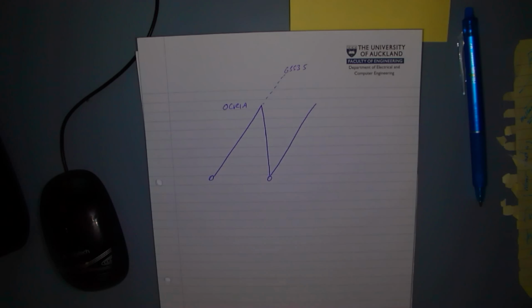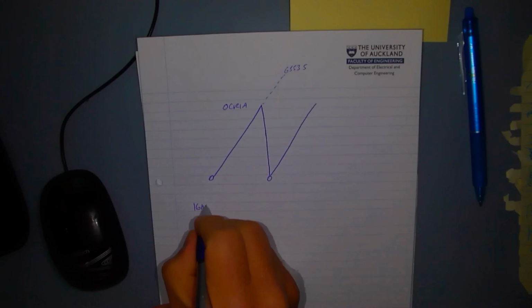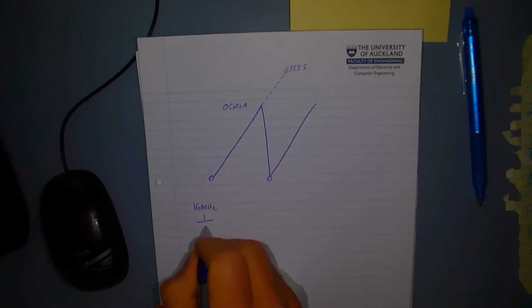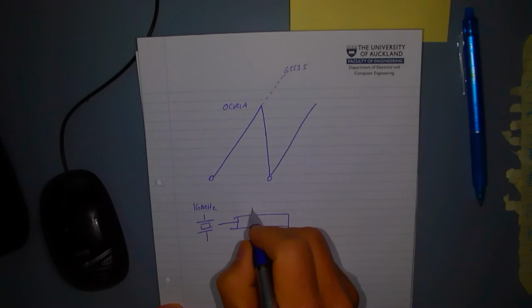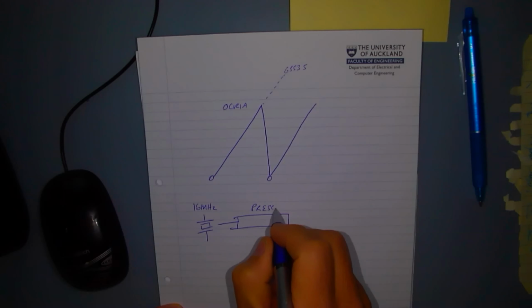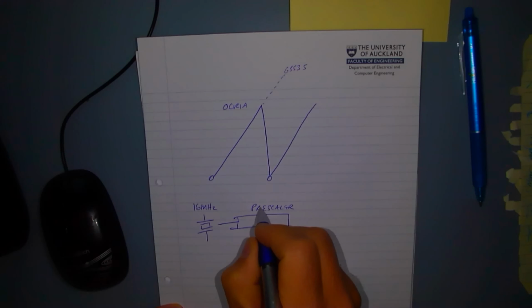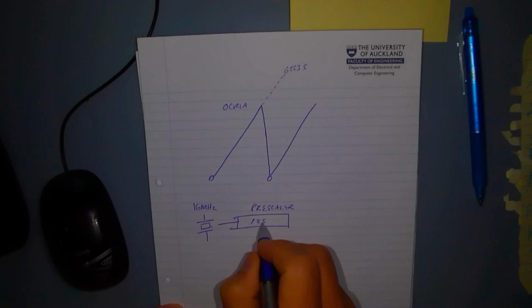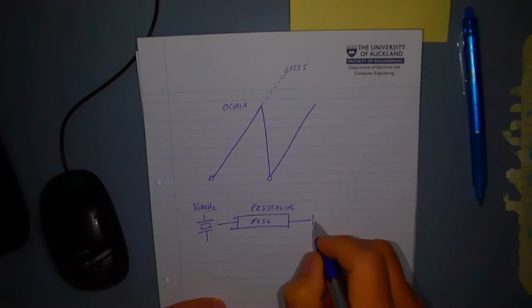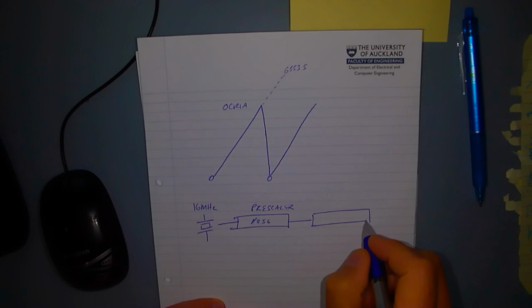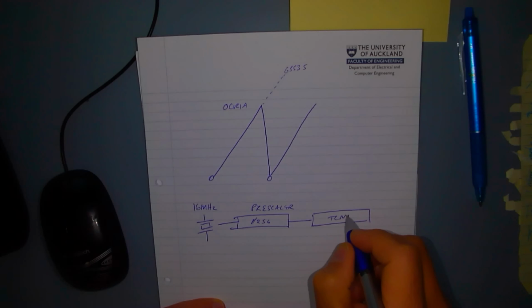So how might we do this calculation? Well, what we know is that we have a 16 megahertz crystal. Here's our crystal, and that is going into our prescaler, and our prescaler is set at a value of divide by 256, and then it is going into our 16-bit timer, timer counter 1.